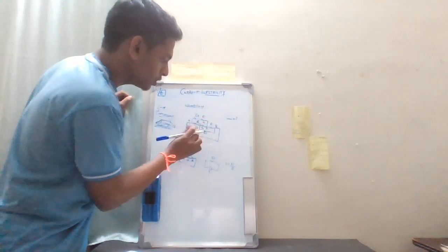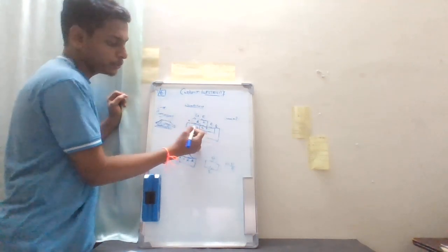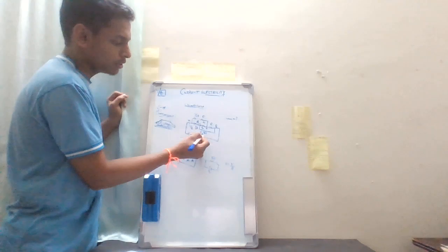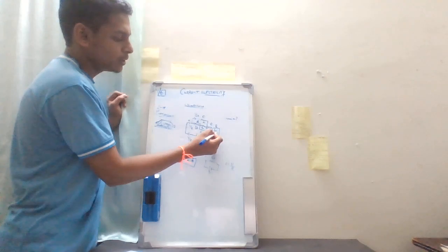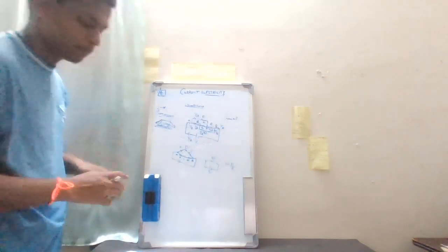And because no current flows through the middle, the same V by 2R flows from here, and also from here, and here also V by 2R. They join and form V by R.